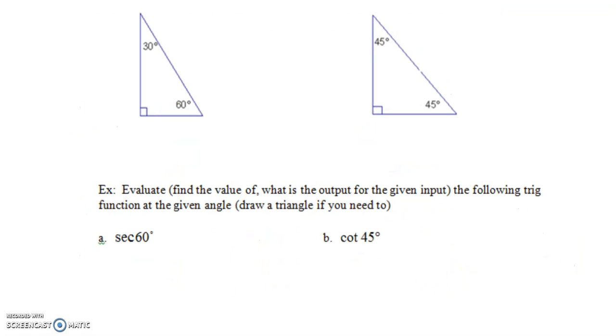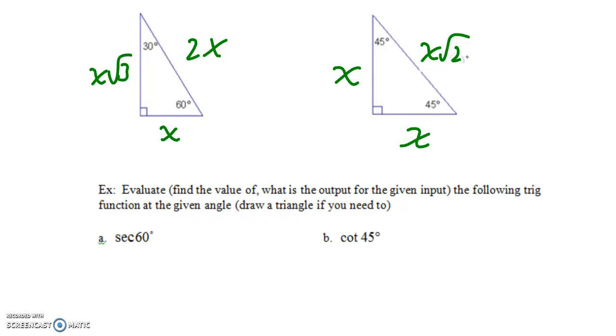Last two, just for simplicity, I'm going to recopy the relationships: x root 3, 2x, x root 2. And what we want to do is find the secant of 60 degrees, so we use 60 as our reference, and the cotangent of 45, so we use 45 again as our reference.